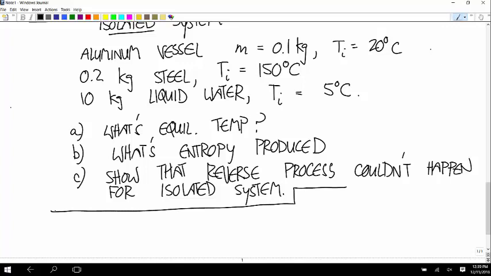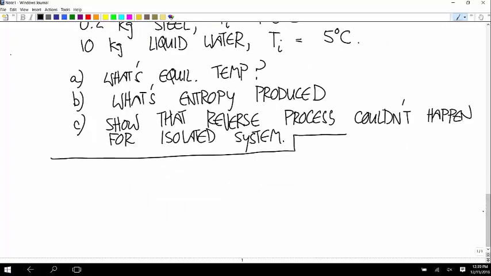Okay, so we did an example that was a lot like this, but ours just had two things instead of three. This is two solids and one liquid. We're going to assume that they're all incompressible. So each material is incompressible.